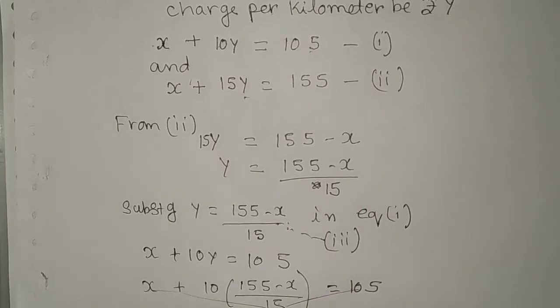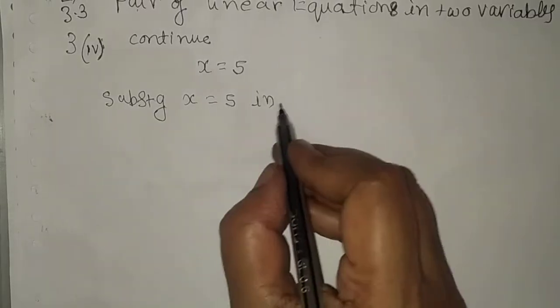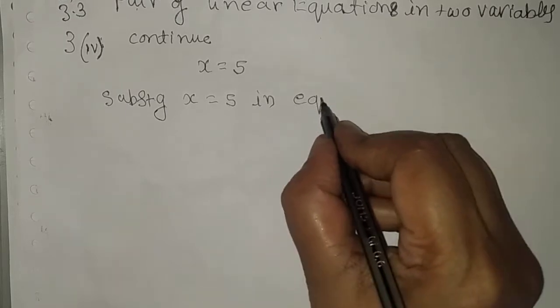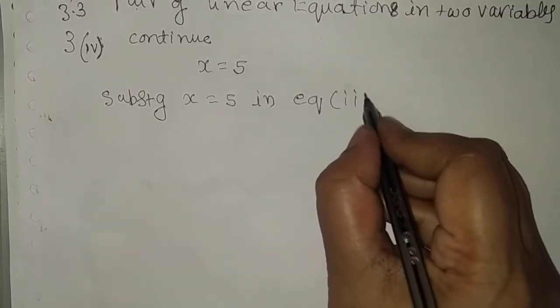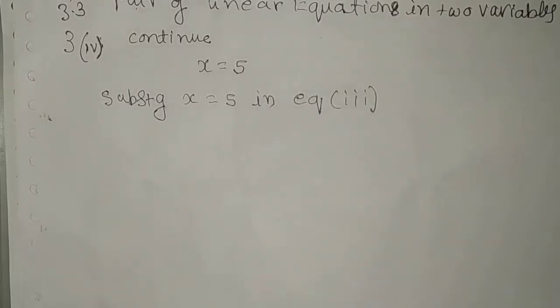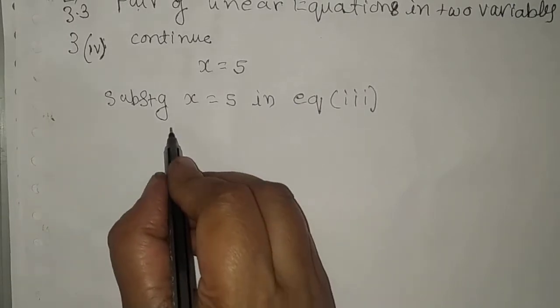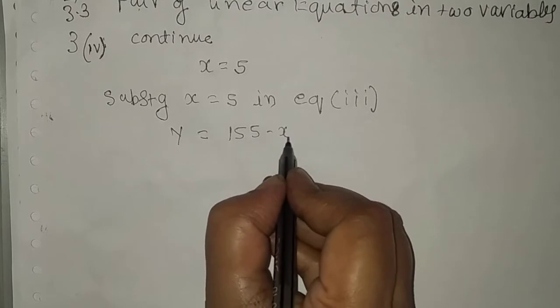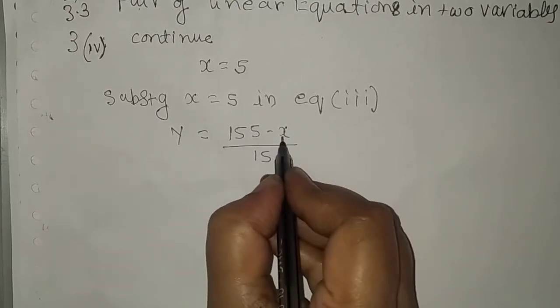So this is equation 3. So now x is equal to 5 in equation 3. What is equation 3? Equation 3 is y is equal to (155 minus x) by 15.